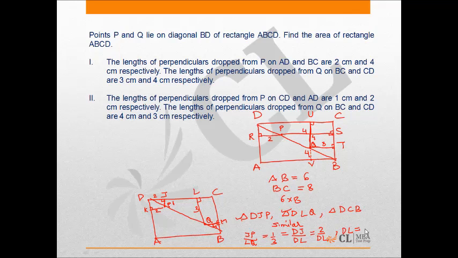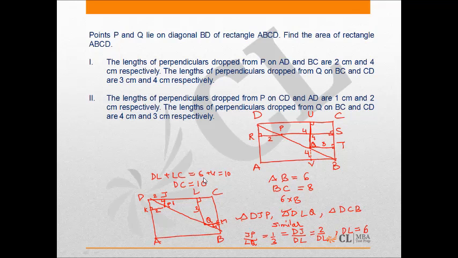So that is 2 by DL. So I can calculate DL would be 6 units. So if I add DL plus LC, which would be 6 plus 4, that is 10. So the length of DC is known to you, that is 10.